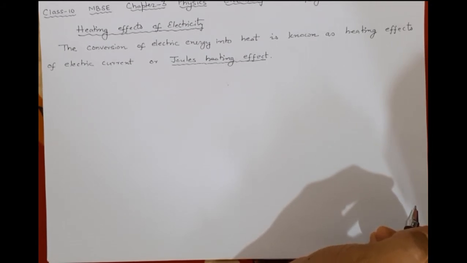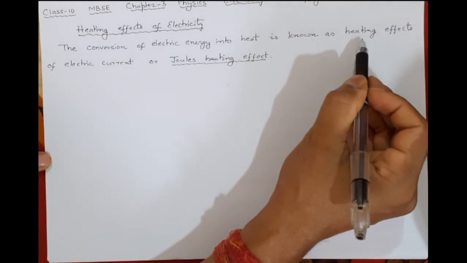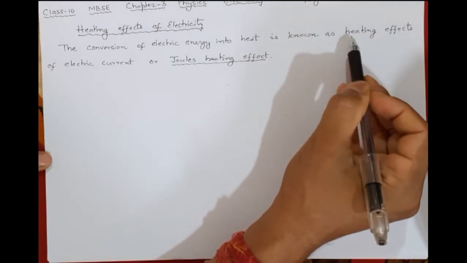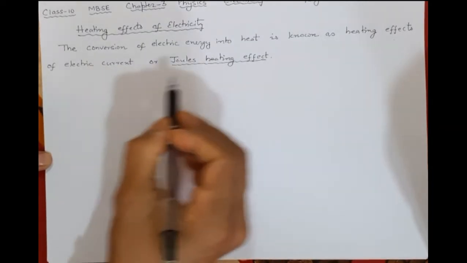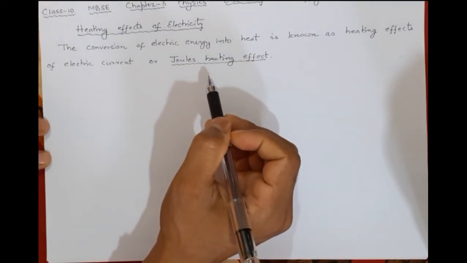When that is disturbed, it will cause heating and some other changes as well. This will lead to the heating manifestation. You will see heat is generated, and that is called heating effect, and it is also called Joule's heating effect.